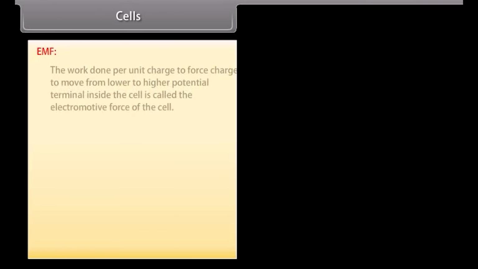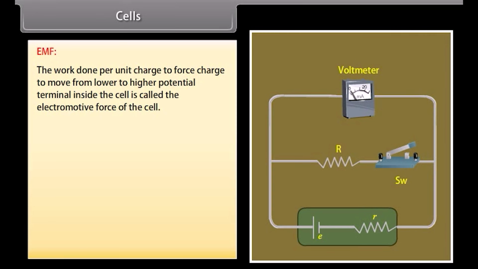EMF. The work done per unit charge to force charge to move from lower to higher potential terminal inside the cell is called the electromotive force of the cell. EMF of the cell is given by E is equal to I within parentheses capital R plus small r.